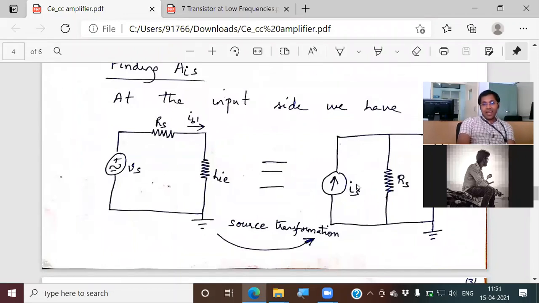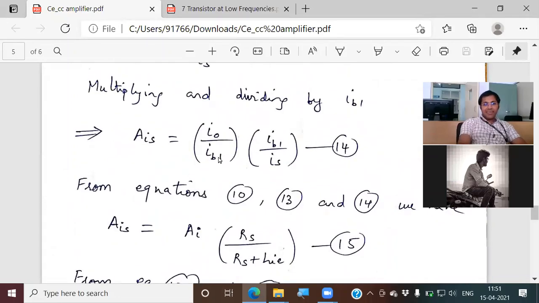I have Is, I have IB1. So if I analyze this small circuit, I will finish analyzing the overall current gain AIS, considering source resistance. That is the reason we are multiplying and dividing with IB1. And as it is AI, I am taking that.